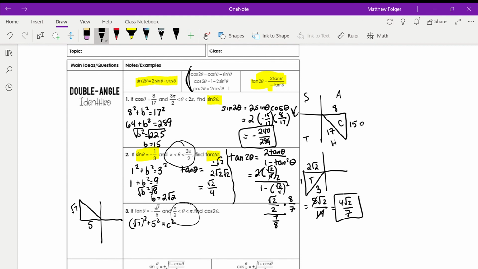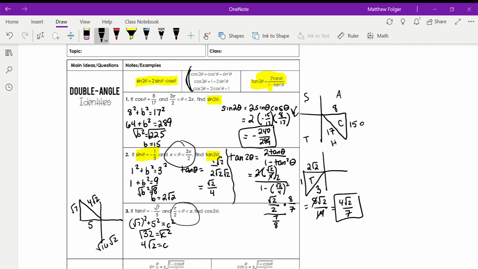Square root of 7 squared plus 5 squared is 32, which the square root of 32 is, well, you can do 16 times 2 for 32, right? So it's going to be 4 radical 2 is this side.